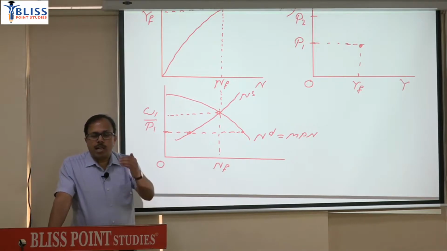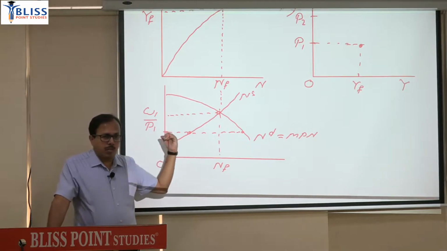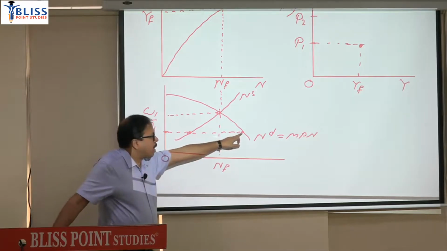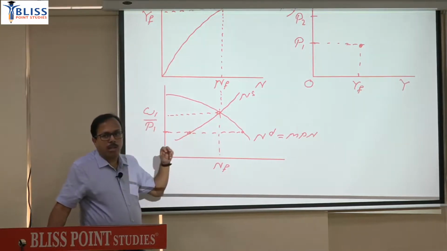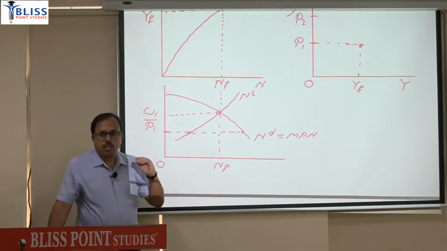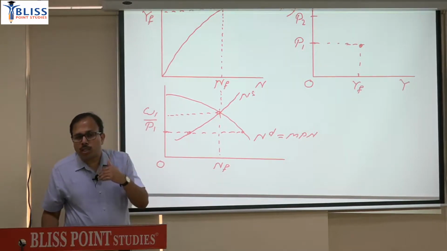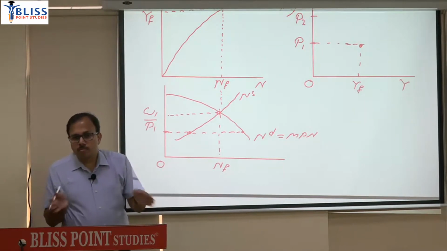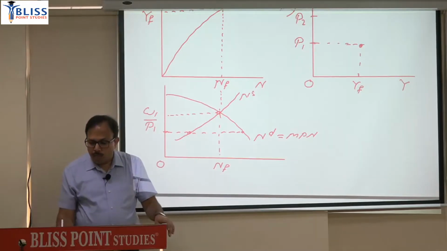So at any real wage lower than this, labor demand is more than labor supply, so wage will increase, and it will continue to increase till they become equal.